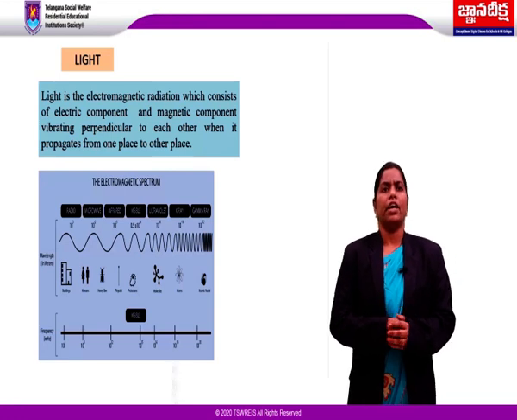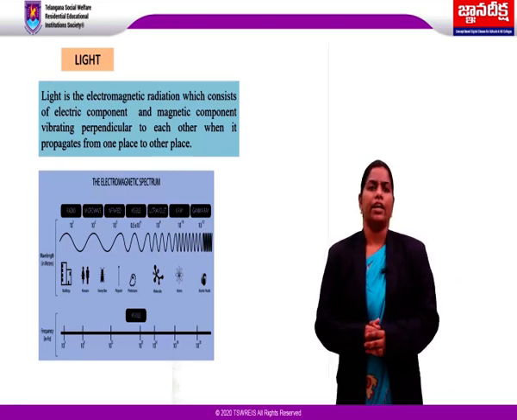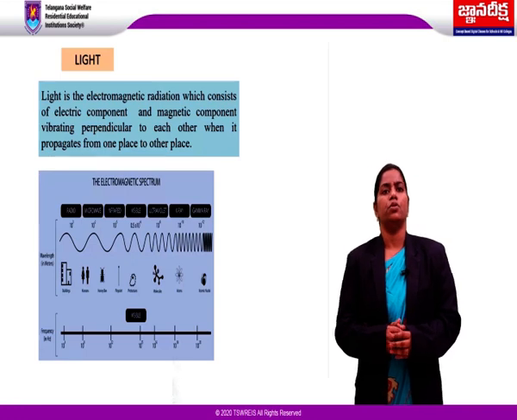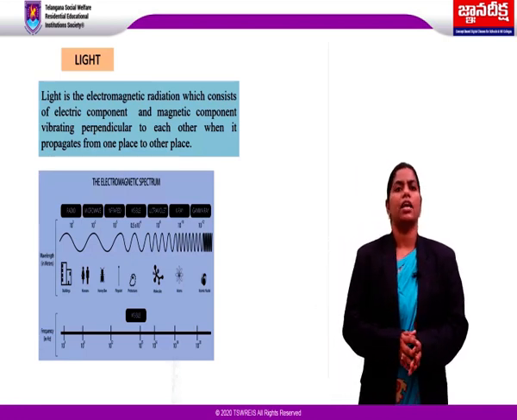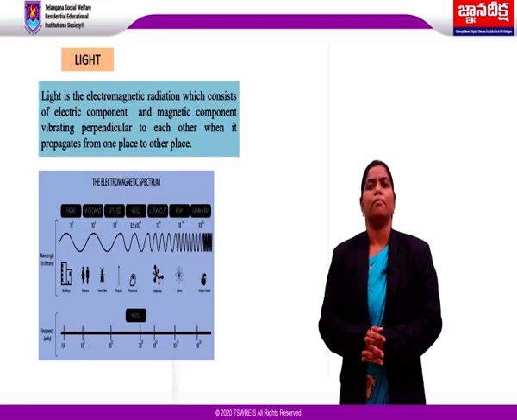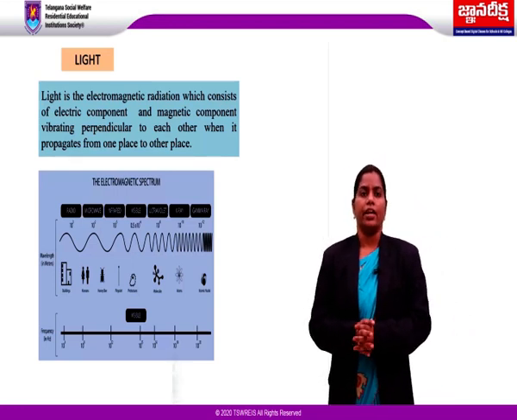In the figure, as we move from left to right, that is from radio waves to gamma rays, the wavelength decreases, and each of these radiations has its own impact on the molecules when they interact.